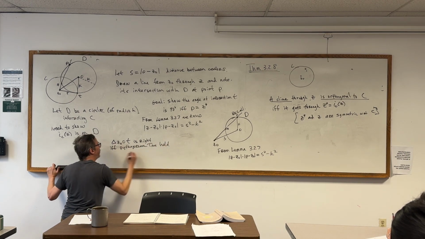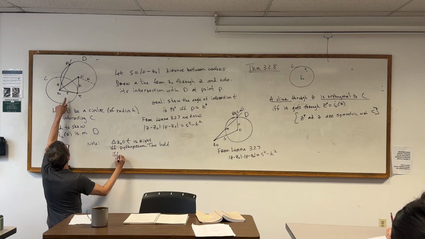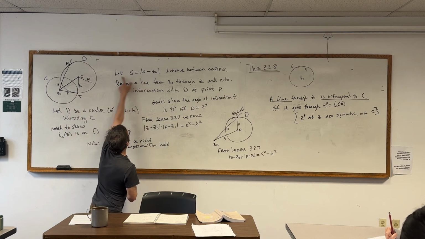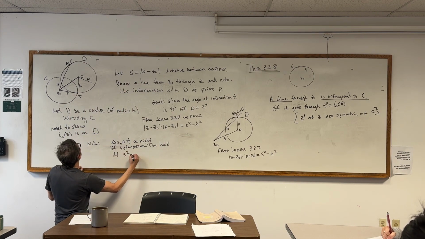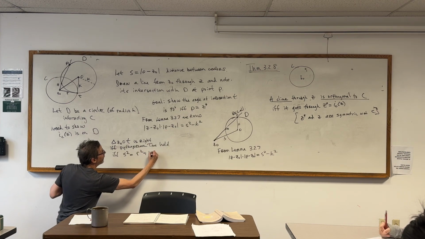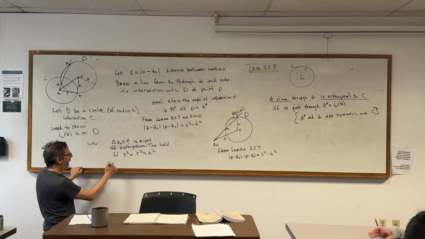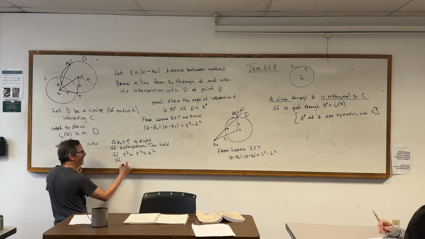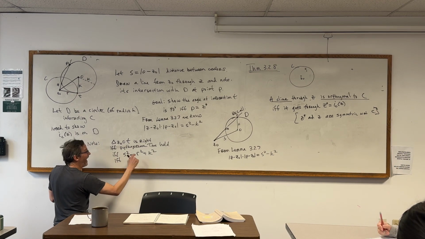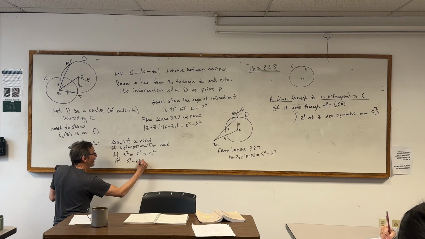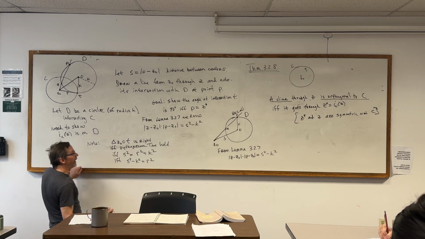In other words, that is if and only if S squared, that distance between the centers, is equal to R squared plus K squared. And that is true if and only if S squared minus K squared is R squared.